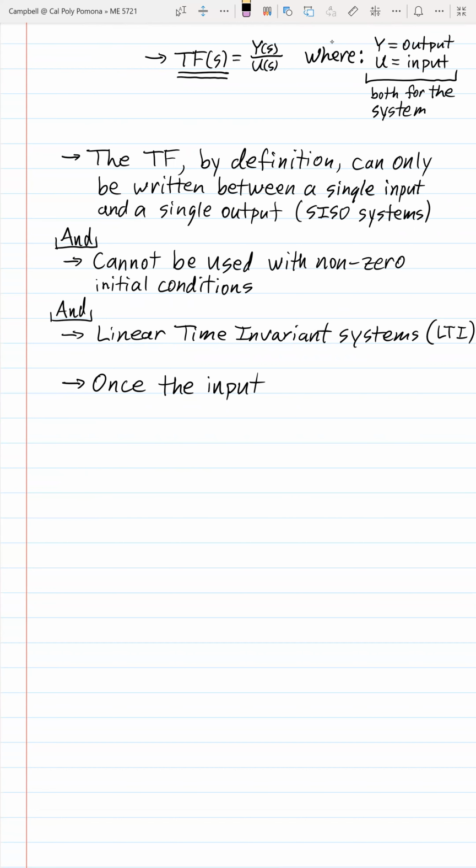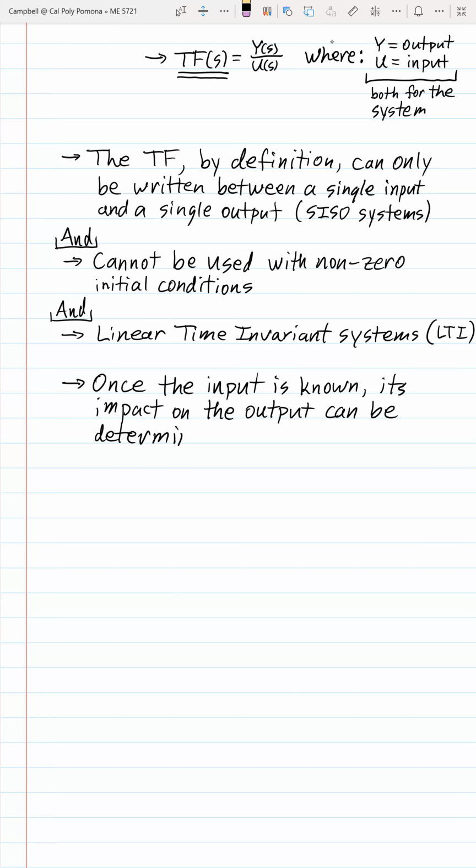So once the input is known, its impact on the output can be determined using, of course, the transfer function.